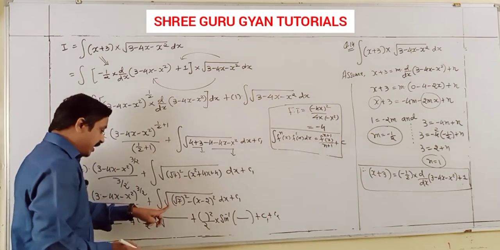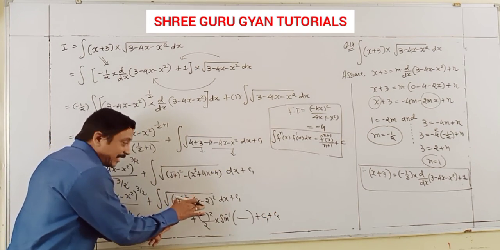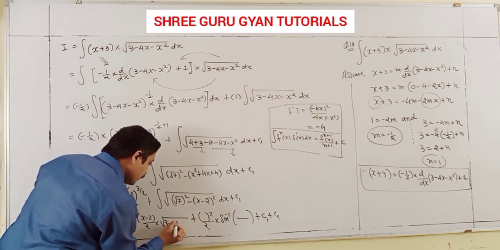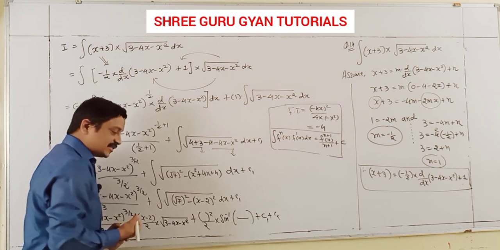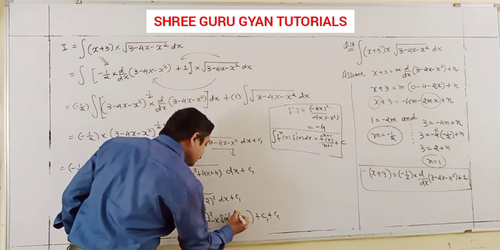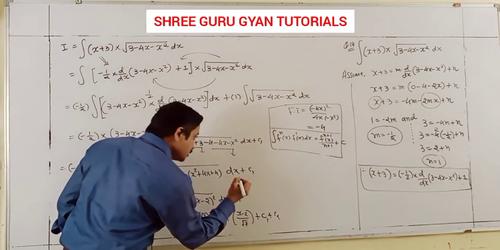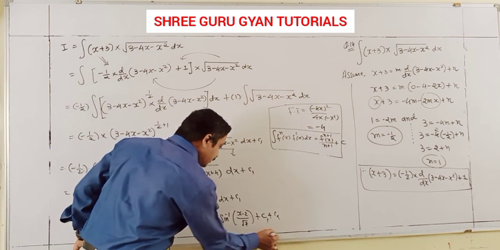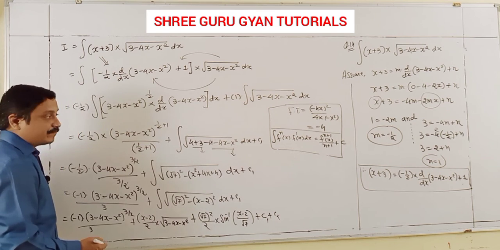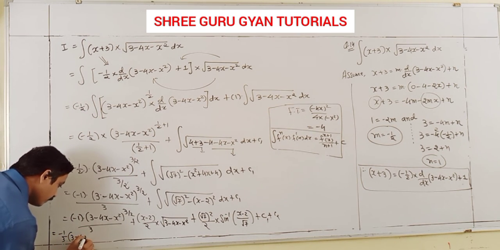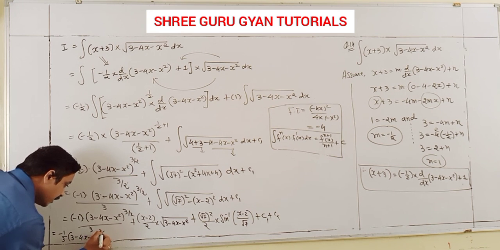And what is under the root? This concept applies: 3 minus 4x minus x square, a is root 7, and again here x minus 2 by root 7. So here students, finally it is done. Write down my final answer in this way: totally minus 1 by 3 raised to 3 by 2.